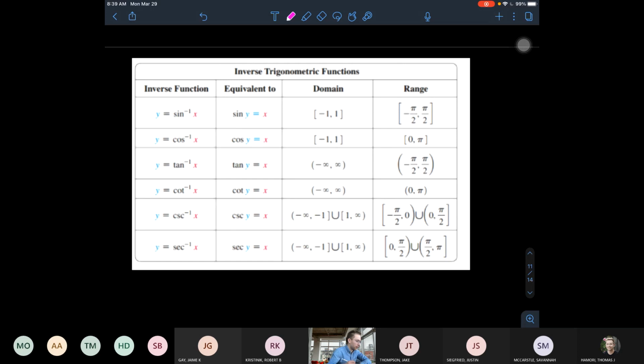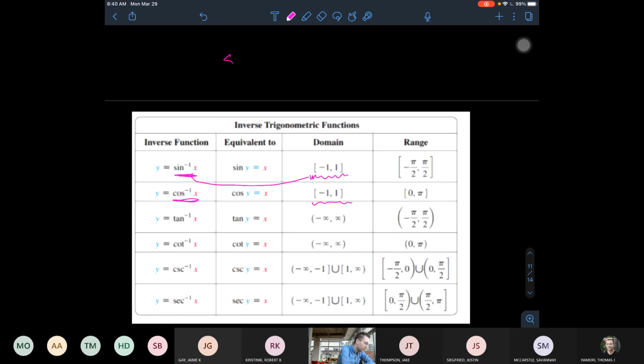So what do we see? We see that the domain of the cosine inverse and sine inverse functions is that the x value should be between -1 and 1. Why should that be true? Well, if we take an angle theta and plug it into the sine function, it's going to give us the y-coordinate of a point on the unit circle.